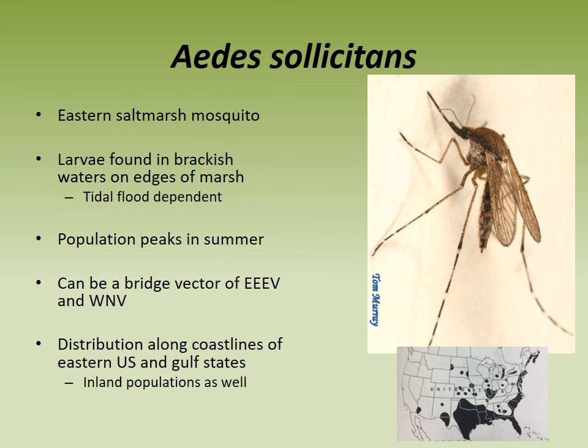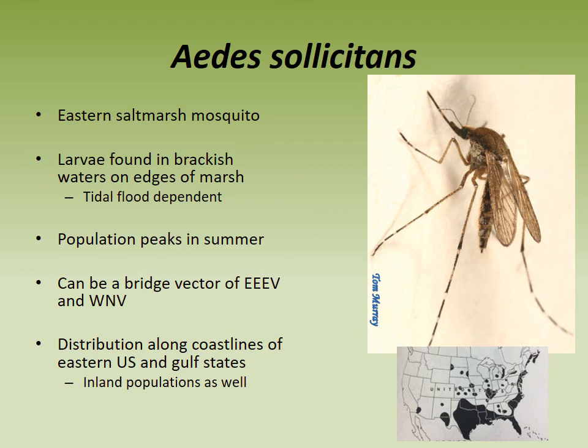Aedes sollicitans, the eastern salt marsh mosquito. Larvae are found in brackish waters on the edge of marsh, so very similar to the habitat I was explaining for cantator. As tidal flooding takes place and dumps onto the bank, pooling on the bank, when the water recedes those pools remain, and that's where these species can breed.